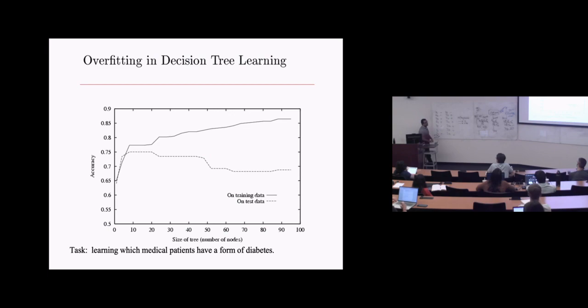So here is an example, like a study that shows, as you grow the size of the tree, what does that mean? The depth increases, right? And that is going to create some problems. What is that?